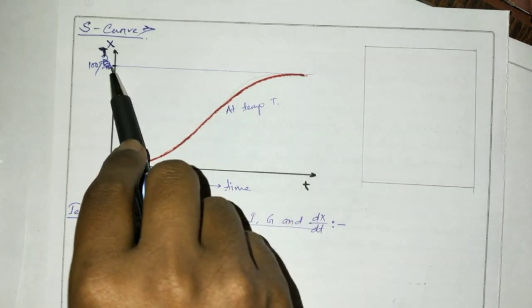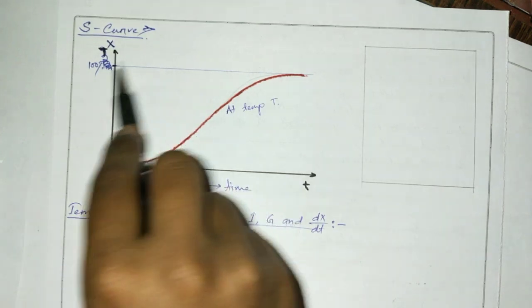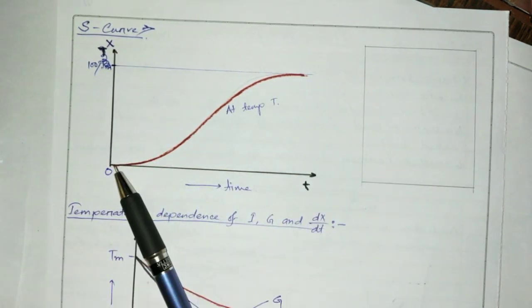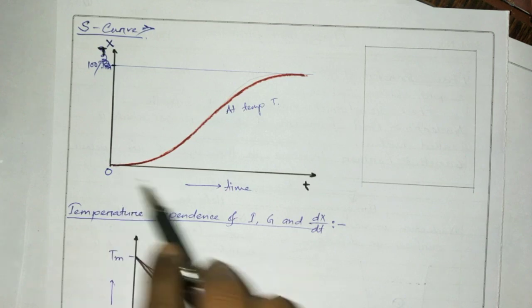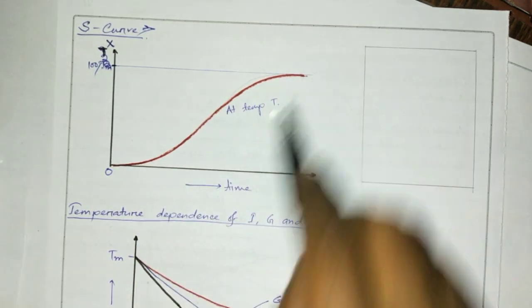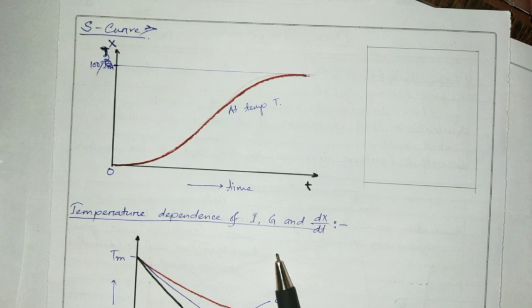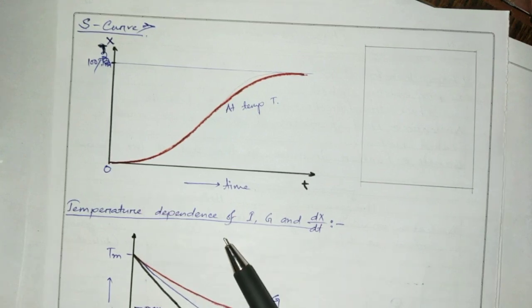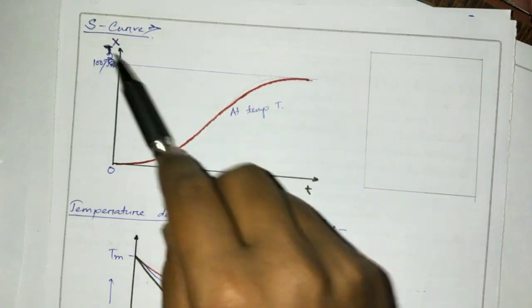If 100% transformation has taken place, that means the whole water has been transformed into ice, and 0% means no water has been transformed into ice. With respect to time, how does that transformation take place? We can see that it generally takes place like an S, and so it's called the S curve.